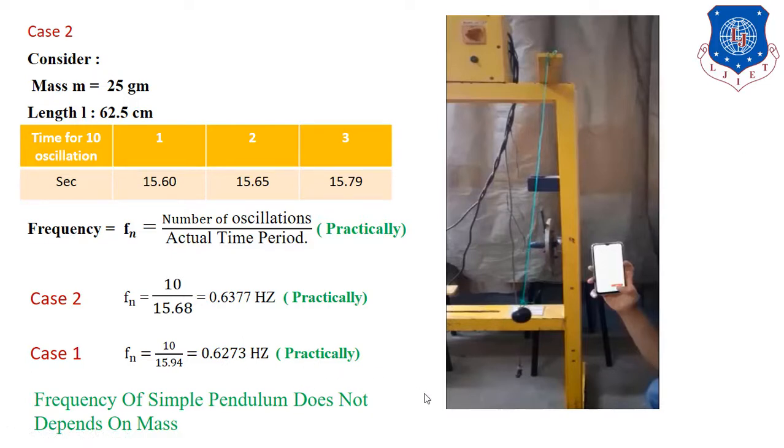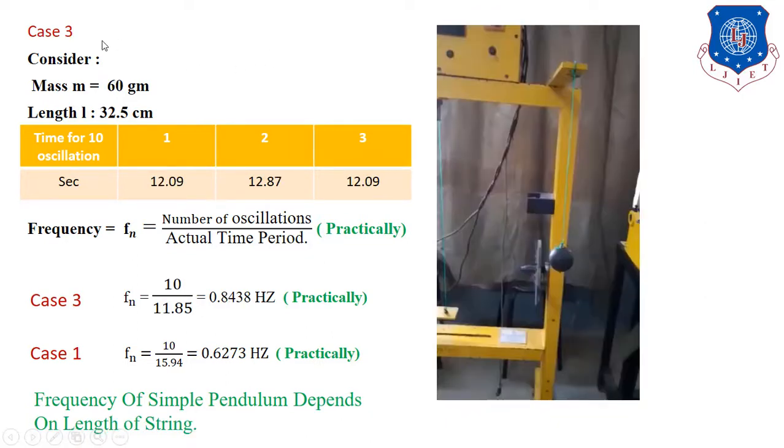So what does that mean? From the case 1 result and the case 2 result, we can conclude that the frequency of a simple pendulum does not depend on the mass, because between case 1 and 2 there is a change in mass. Now we consider case 3, and in case 3 we consider the same mass as in case 1, that is 60 grams, and here we change the length, that is 32.5 centimeters.